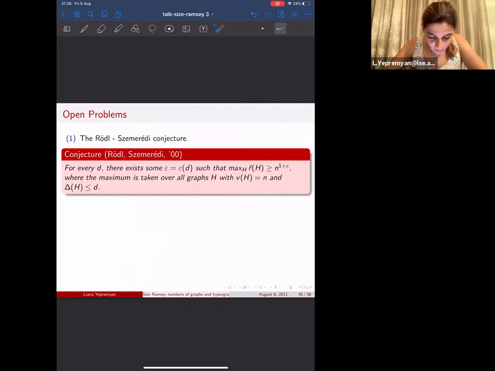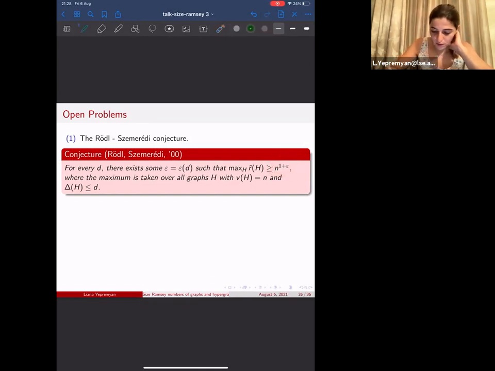So as I said, Rödl and Szemerédi had this conjecture that for any D, there exists some epsilon such that if you have a graph H which has maximum degree D and number of vertices n, then you must be able to find some such graph whose size is going to be n to the 1 plus epsilon.